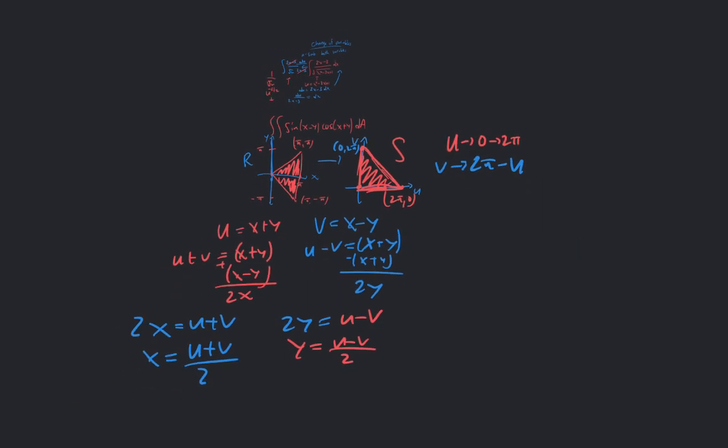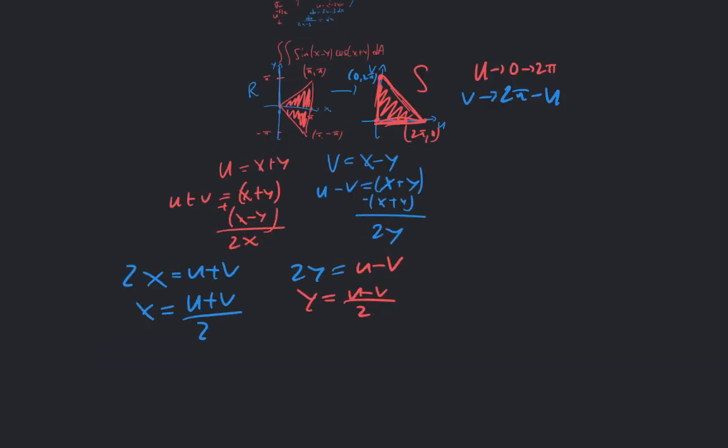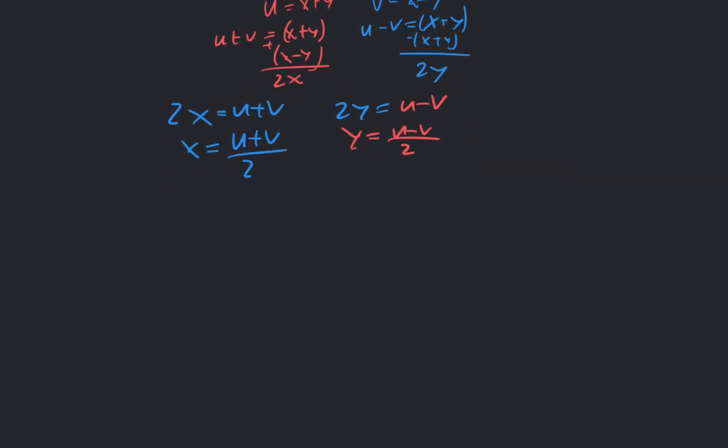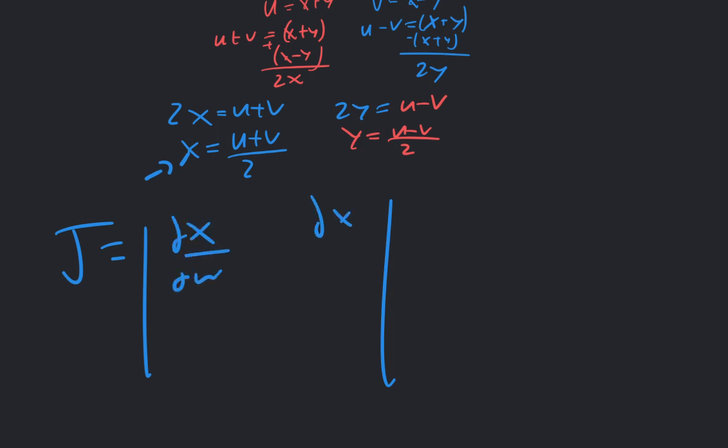So that's going to give us our limits of integration. So next step is we're going to compute our Jacobian. Our Jacobian is going to be our matrix of partial derivatives. So this is partial x, partial u, partial x, partial v, partial y, partial u, partial y, partial v.